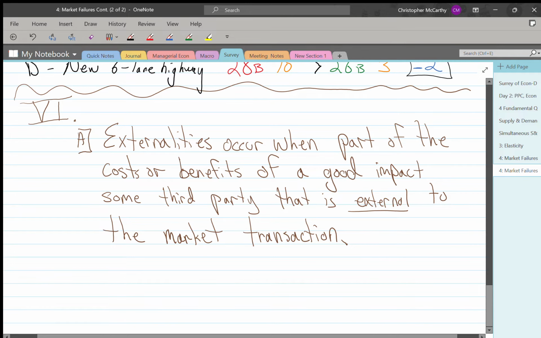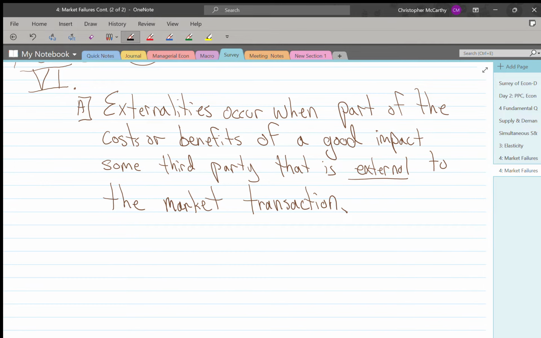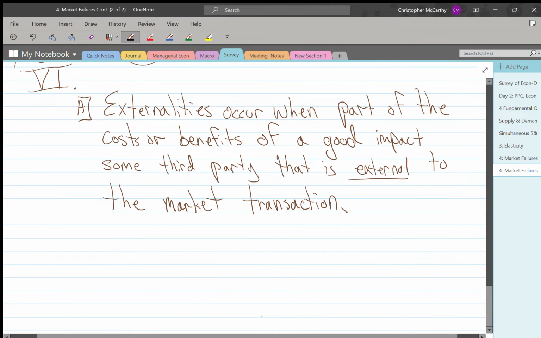Negative externalities, we've already talked about how these are supply side, so we model them as such.